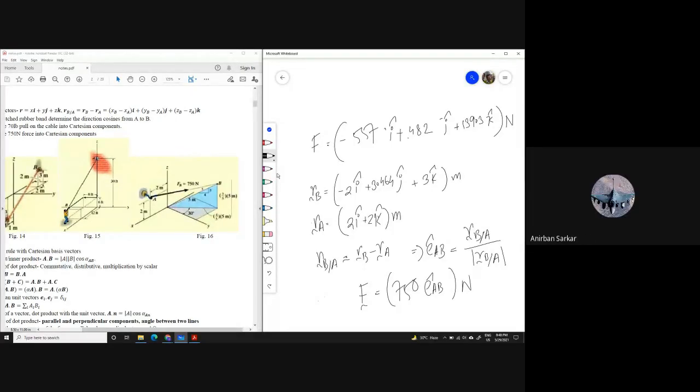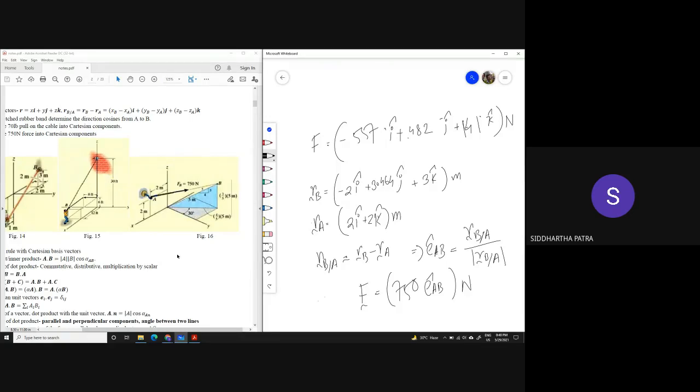My Z component is coming 141.7. So it's very close. So the point I'm trying to make here is, go through your textbook and practice a few more problems.